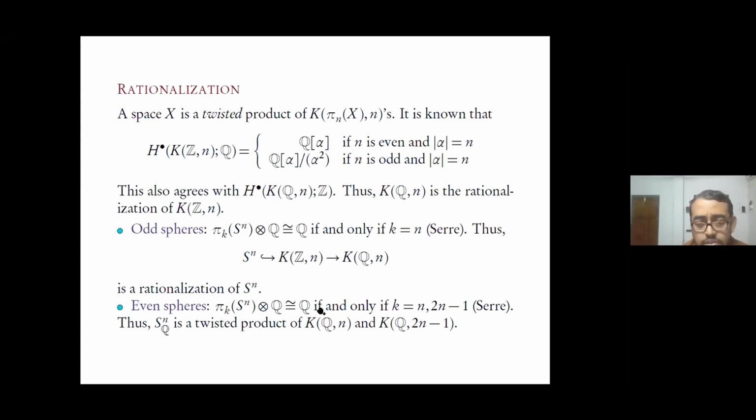Okay. So we might talk about this particular thing for S2 later on, but this is just to connect with what rationalization does. And the fact that Eilenberg-MacLane spaces behave algebraically in pretty much the same manner, whether n is even or odd, is sort of an important key in the computations.